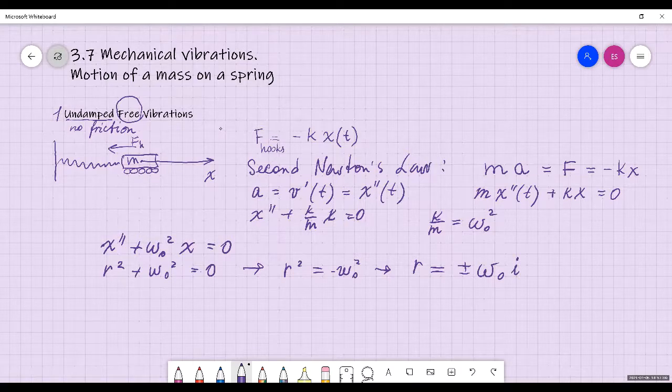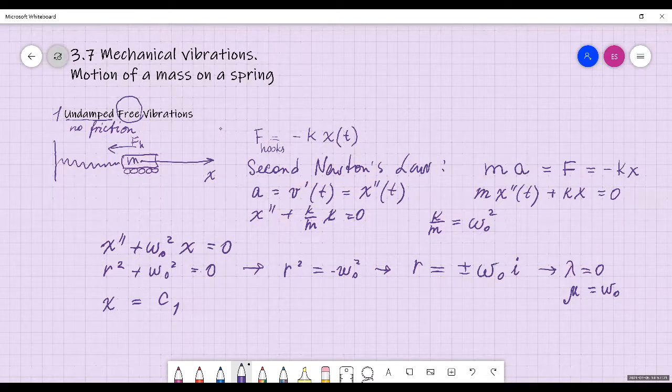A general solution of this equation is going to look like this: C1. Well, because here we don't have any real part, we're going to have lambda equals 0 and mu, the imaginary part, equals omega 0. We are just going to have sine and cosine. We're not going to have any exponential factor, right?